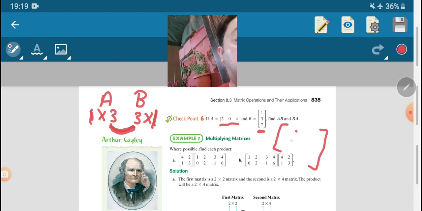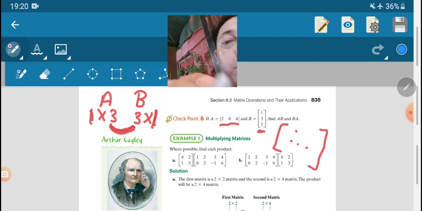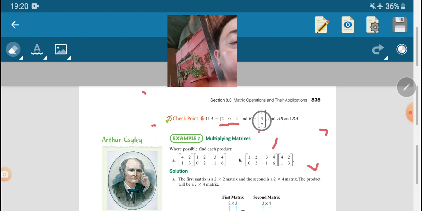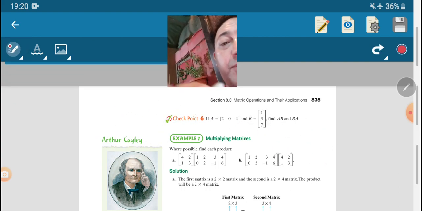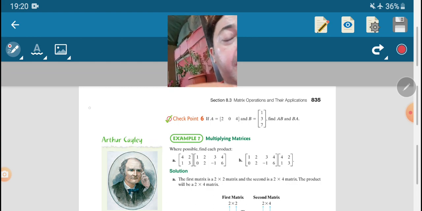1 row and 1 column. First step already, we know that we can determine the product.